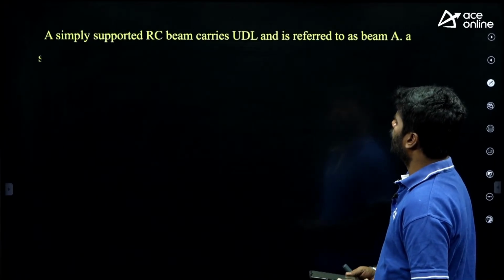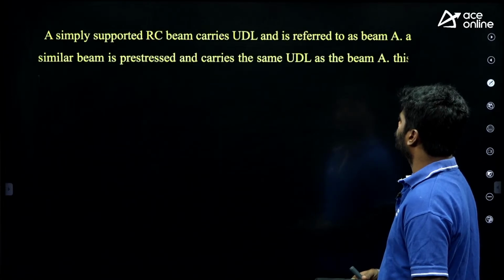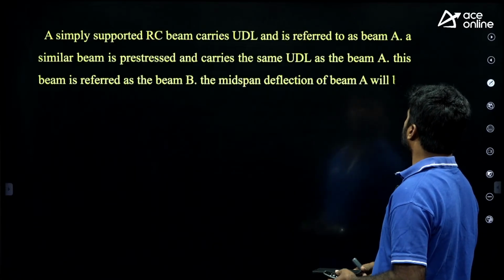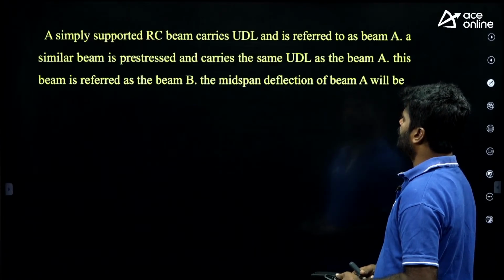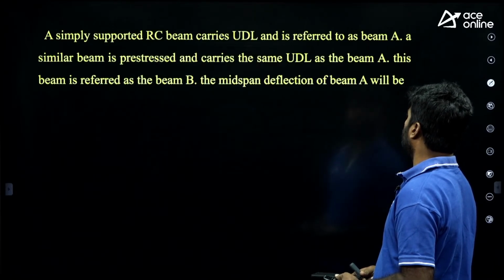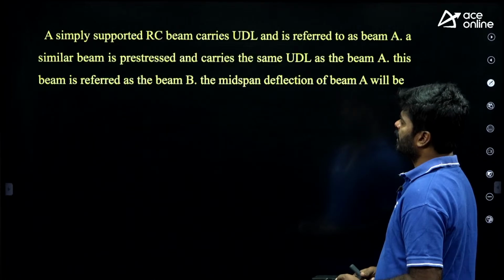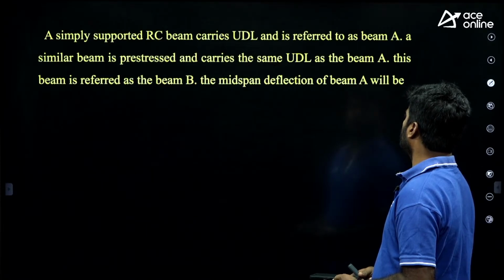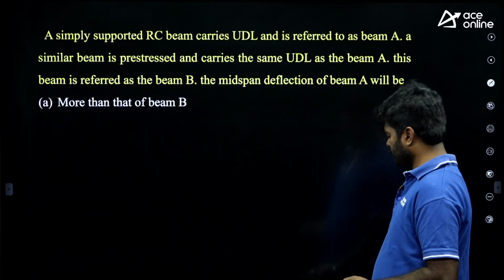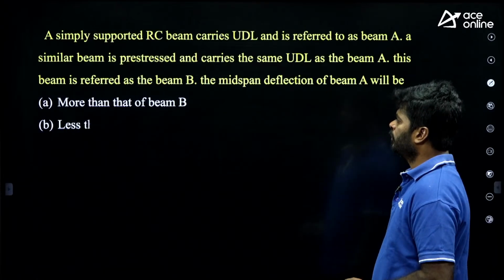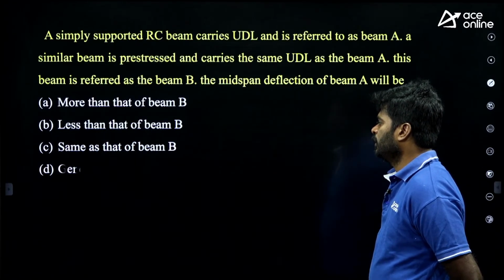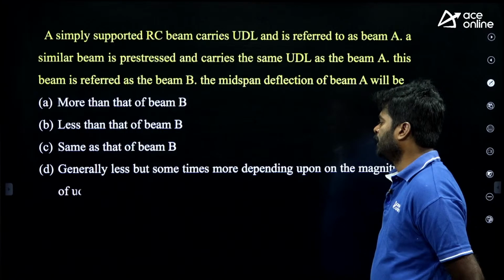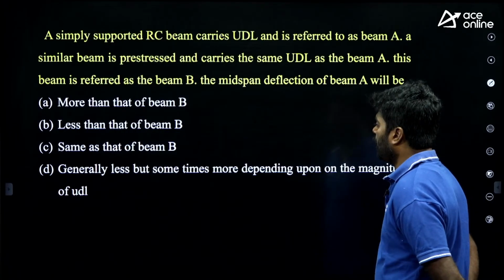A simply supported RC beam carries UDL and is referred to as beam A. A similar beam is pre-stressed and carries the same UDL as beam A. This beam is referred to as beam B. The mid-span deflection of beam A will be: A, more than that of beam B; B, less than that of beam B; C, same as that of beam B; D, generally less but sometimes more depending upon the magnitude of UDL.